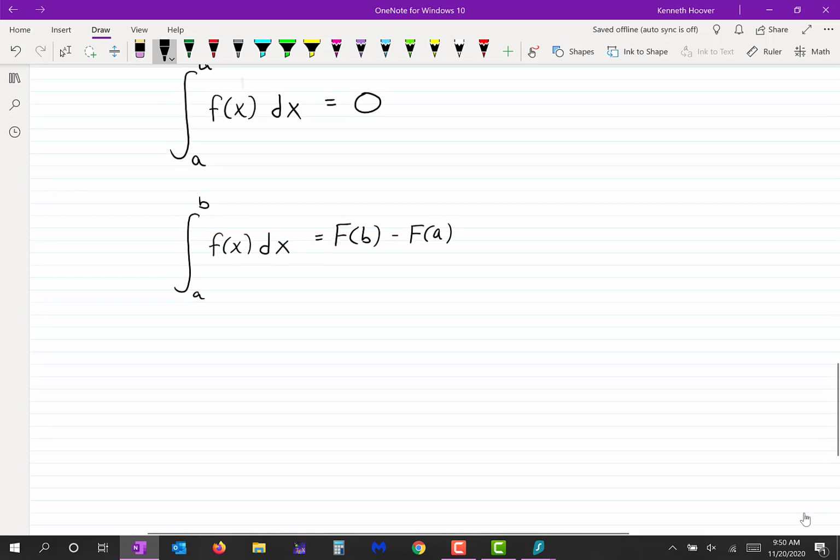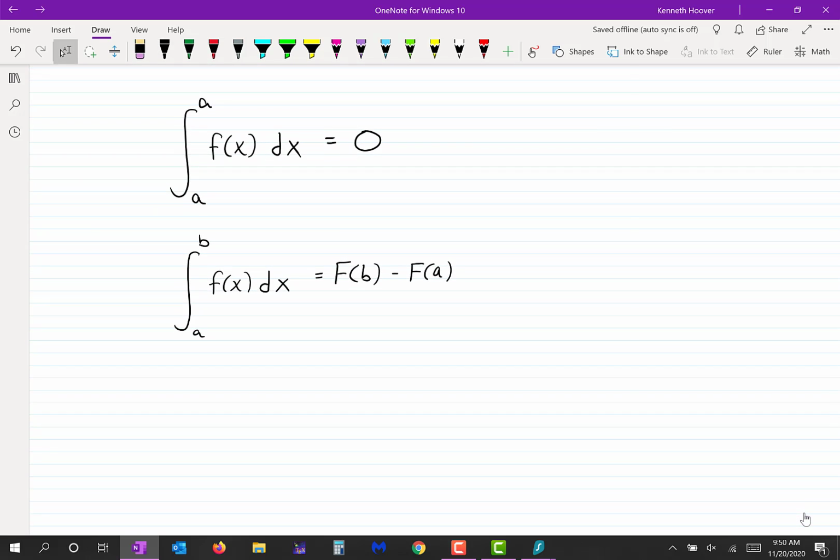Now, notice that that's the same thing as writing negative capital F of a minus capital F of b, which would be negative integral of f from b to a, right?